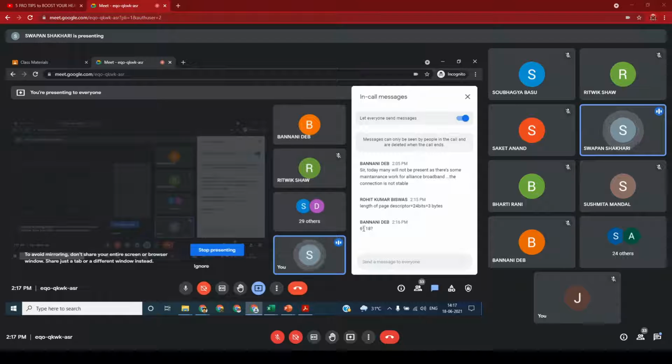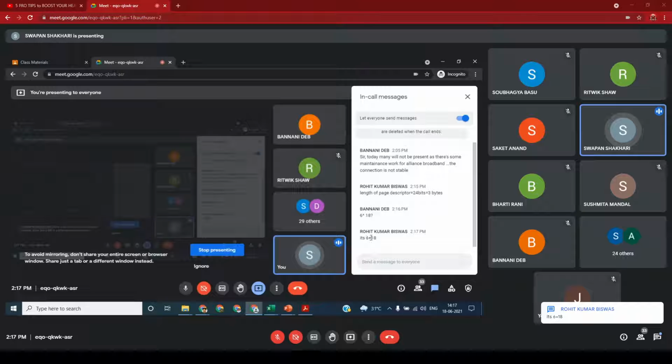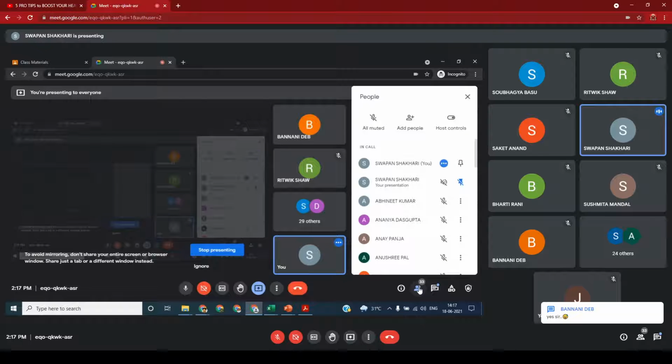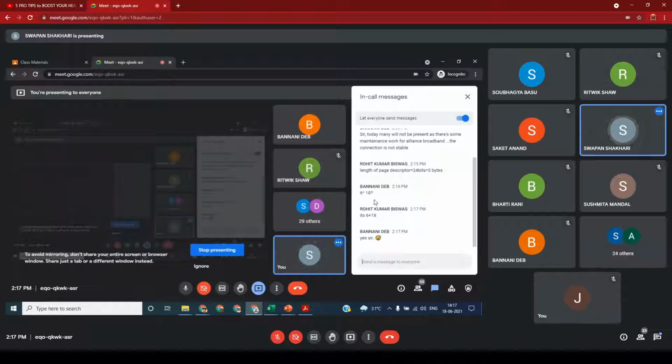If this 6 is the additional bit, yes, then 6 plus 18. If this 18 is the number of bits required to identify the frames, yes, then these two are the same. 6 plus 18, 24 bits, 3 bytes.